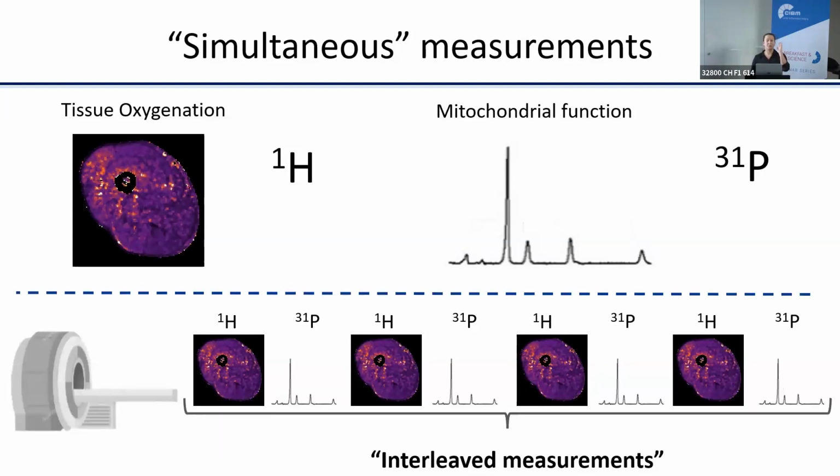So we acquired a proton image to look at tissue oxygenation, and directly after that we also acquired a phosphorus spectrum, and then we repeated that for dynamic measurements multiple times to have an indication on how the level of tissue oxygenation and the mitochondrial function changed over time in rest, during exercise, and during recovery.